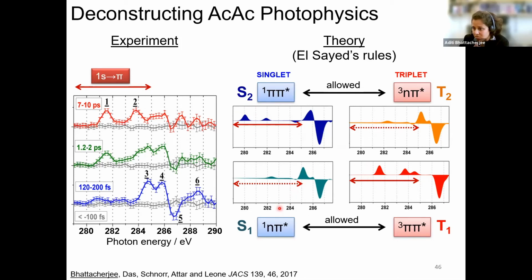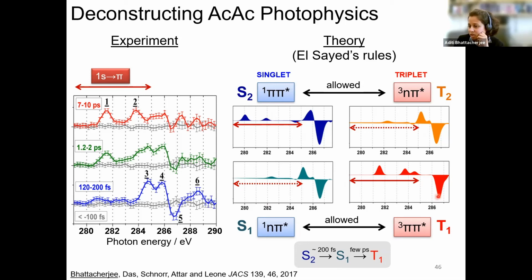But for the n pi star singlet and the n pi star triplet, these regions are inactive. This is because a non-bonding orbital is located on the oxygen atom. So looking at these features, we can say that there's an S2 to S1 internal conversion in the molecule, followed by a picosecond time constant for the triplet state. So it goes from S2 to S1 and T1.